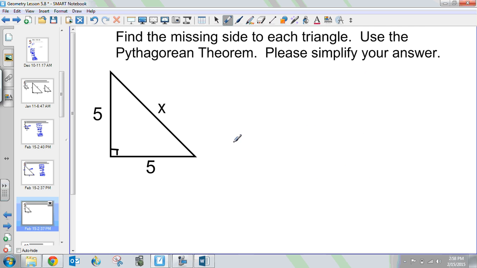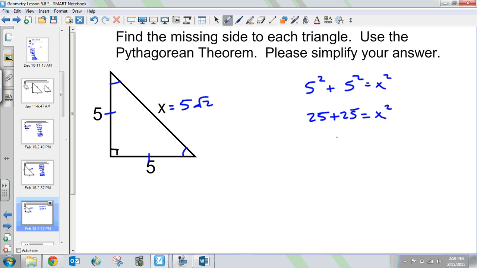So in this last one, if the pattern continues, because I have a 5 by 5 isosceles right triangle, if I solve for x, I'm thinking I might get 5 times the square root of 2. Let's see what we get. Let's plug this into the Pythagorean theorem. 5 squared plus 5 squared is equal to x squared. So 25 plus 25 is equal to x squared, and 50 equals x squared.